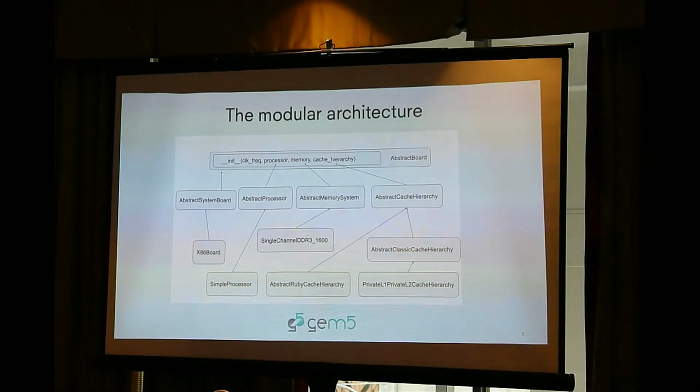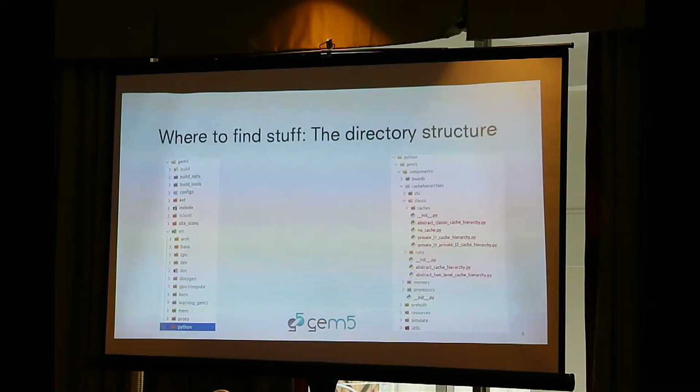So you can have, you see over here, the x86 board. So if you want to build an x86 system, you take the x86 board, and then you plug in the processor you want, you plug in the memory system, you plug in the cache hierarchy, and you're good to go. That's essentially the very simple idea behind much of the Gem5 standard library.